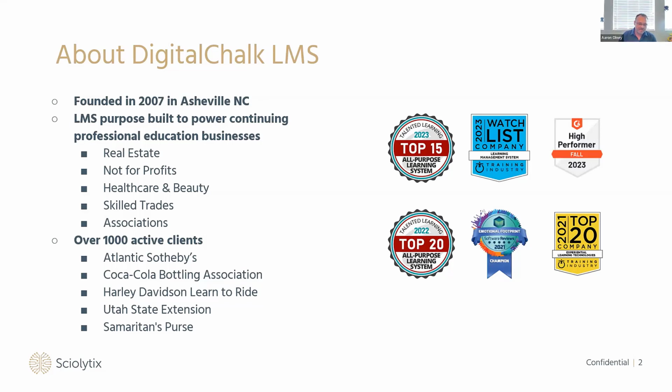Some of the 1,000 clients that we have are large names like Coca-Cola Bottling Association, Harley Davidson Learn to Ride, Samaritan's Purse, and others. And then we have a lot of smaller real estate academies with maybe 20 or 30 employees that are delivering continuing education training to real estate agents in states all around the U.S., to the tune of thousands of real estate agents per year.